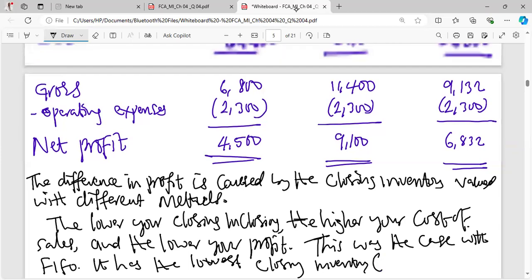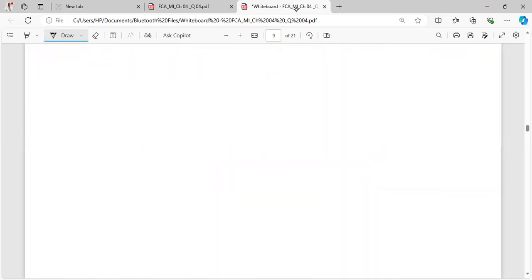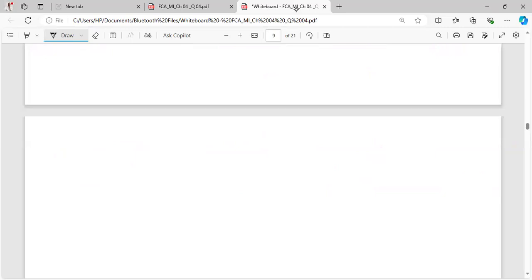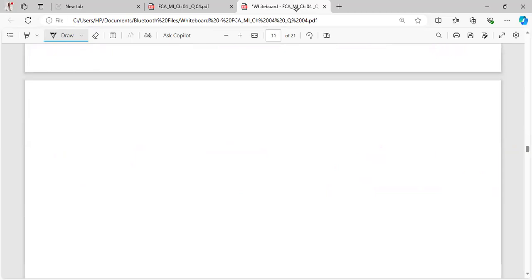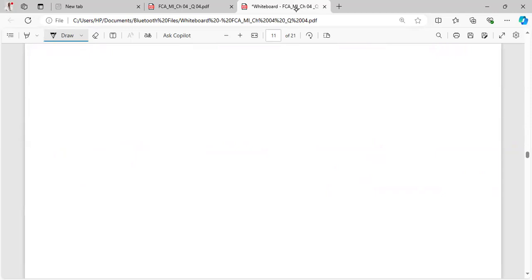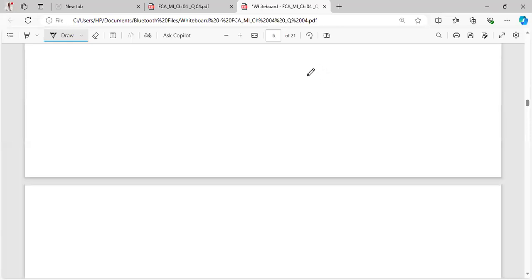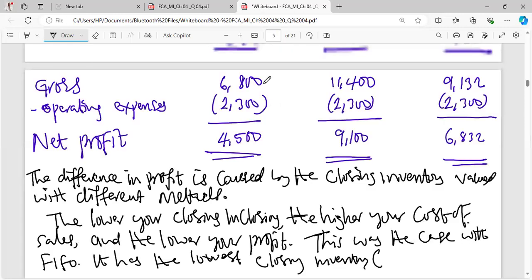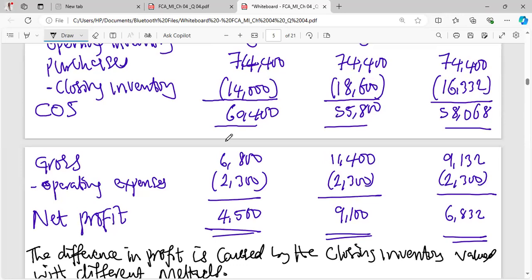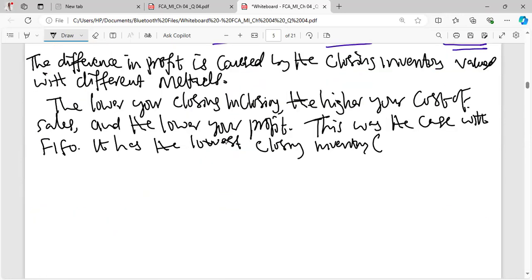What was the lowest inventory? FIFO had a closing inventory of 14,000, the lowest of all.